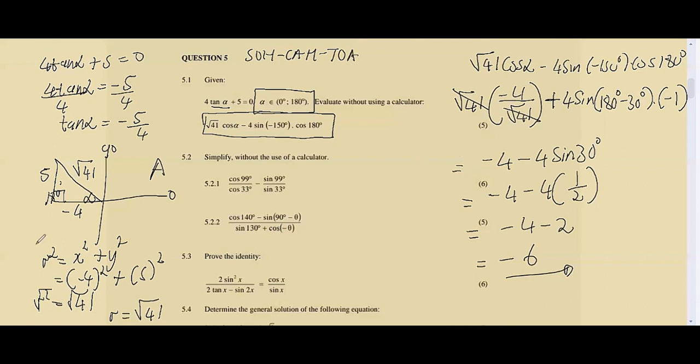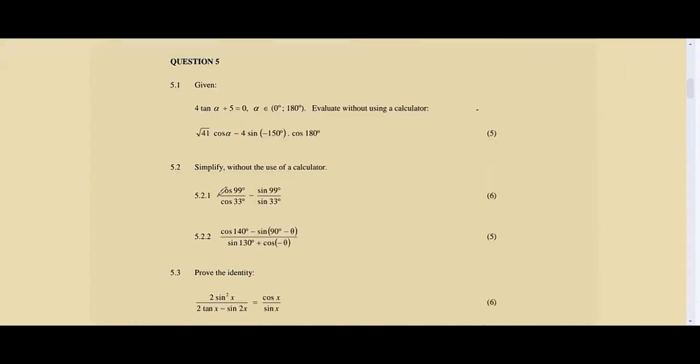Then let's proceed. We have 5.2.1, and it says simplify without the use of a calculator. What we need to do here is simply use the karate method: take this, multiply by that, take this, multiply by that, and then multiply the denominators.